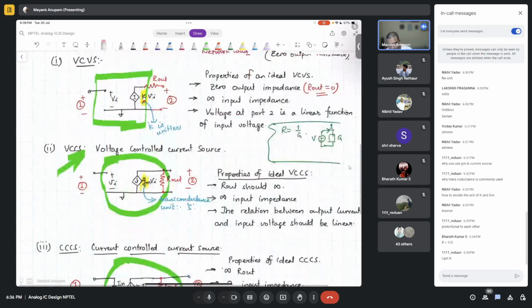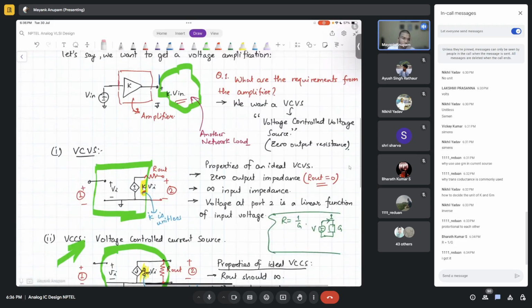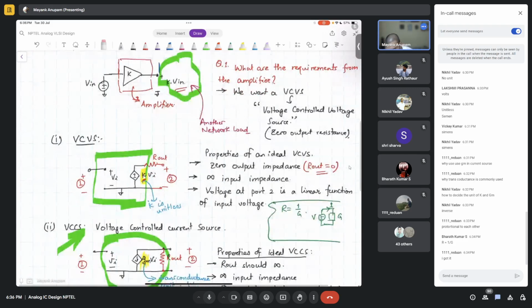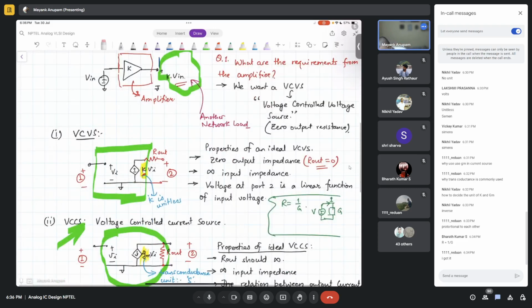Fine. So in this course, you will mainly learn how to make a voltage controlled voltage source, but you will observe that by the end of this course, if you learn how to make a good voltage controlled voltage source, you can make all the others.